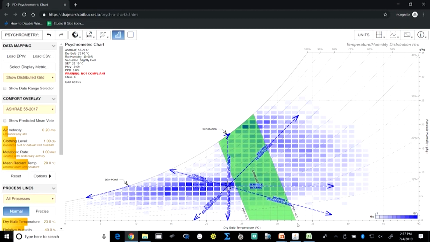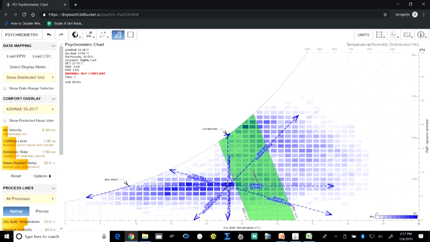This comfort zone which we can see here is the zone where, as we saw yesterday, PMV varies from minus 0.5 to plus 0.5. These grids show the number of hours as distributed on the psychrometric chart. So, this is the total weather data of Jaipur shown on the psychrometric chart.